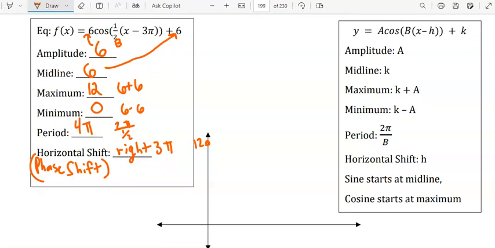Let's graph each of these things. The midline is at 6. The maximum is at 12. The minimum is at 0.